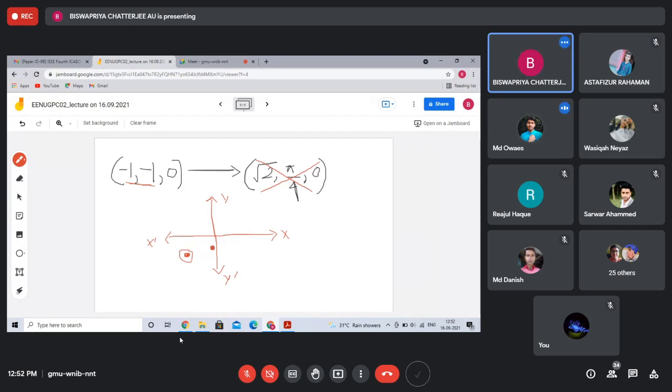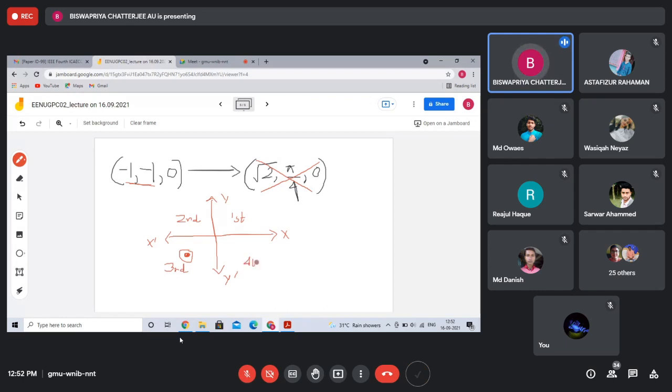So it is situated in the third quadrant. This is first, this is second, this is third, this is fourth.